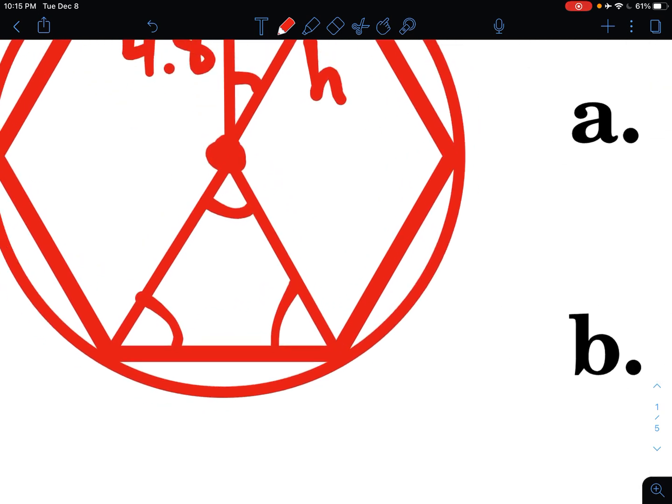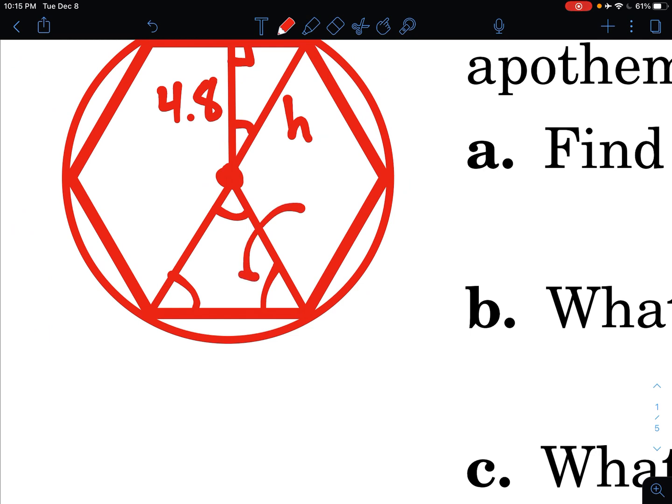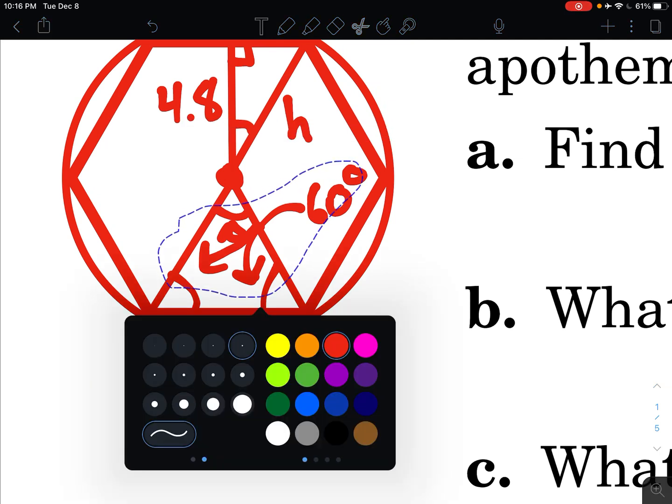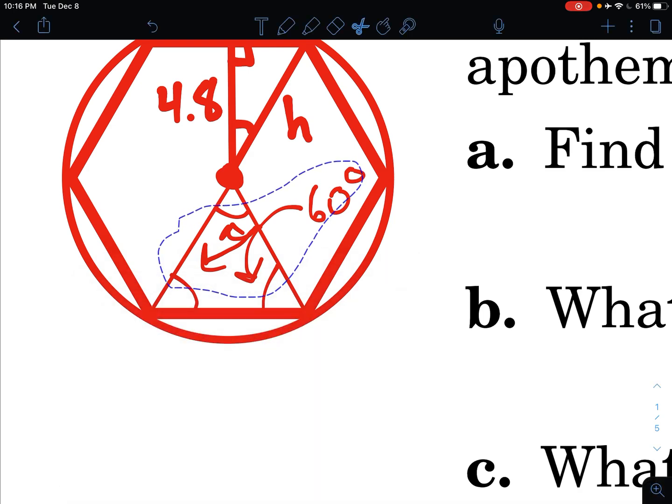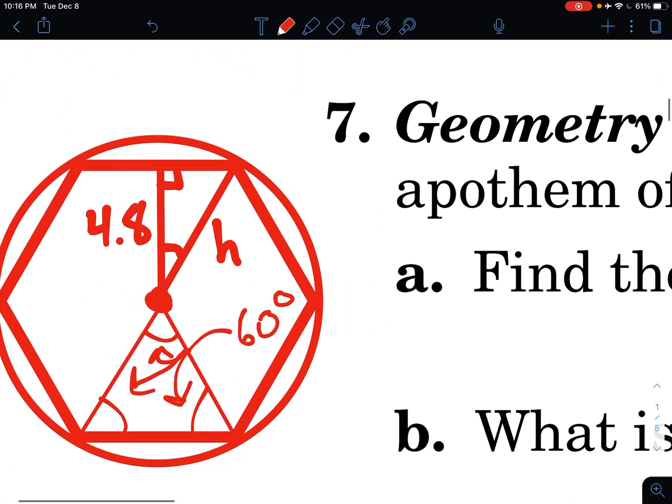So if each one of these is 60 degrees, we're looking at this angle here.